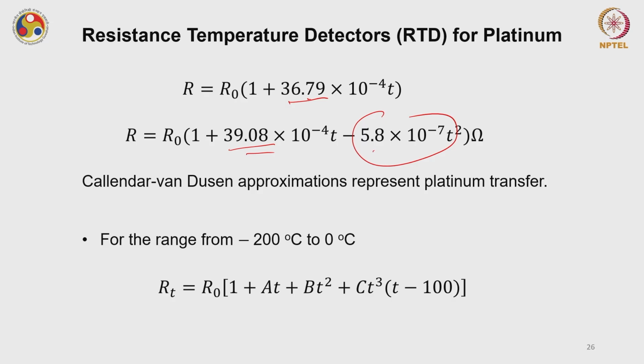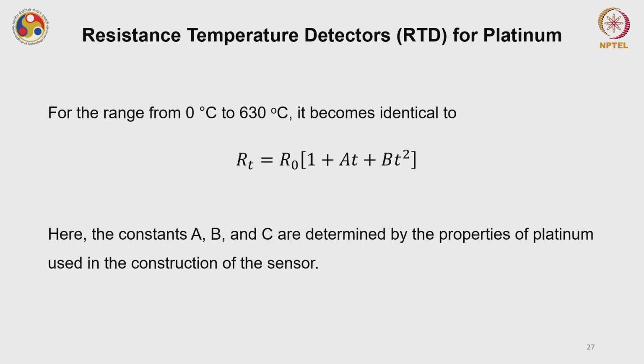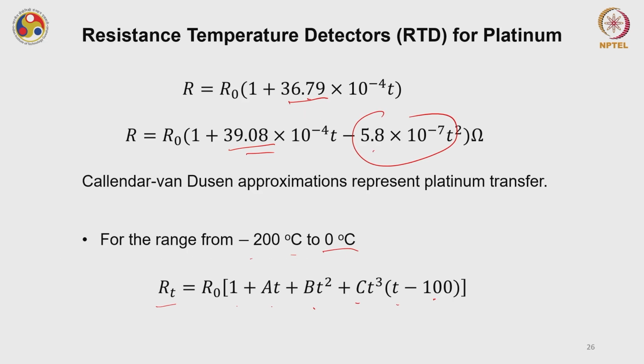So this RTD approximation represents the platinum transfer function. For the range from minus 200 degrees Celsius to 0 degrees Celsius, the approximation suggests that RT is equal to R naught into 1 plus AT plus BT square plus CT cube into T minus 100, where T is of course the temperature. For the range between 0 degrees Celsius and 630 degrees Celsius, it becomes identical to RT is equal to R naught into 1 plus AT plus BT square.